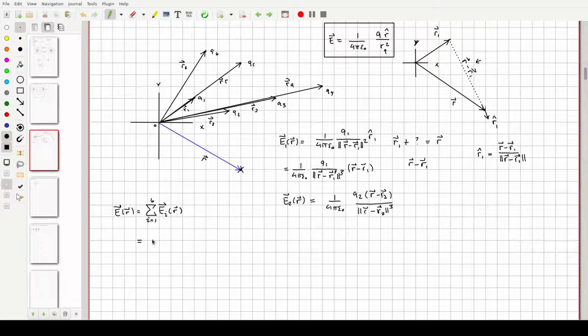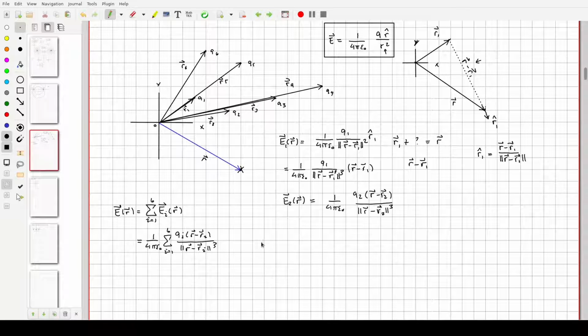Or if you put in a generalized expression for this, it would be 1 over 4 pi epsilon naught, the sum from 1 to 6 of q sub i, r minus r sub i, divided by r minus r sub i cubed.